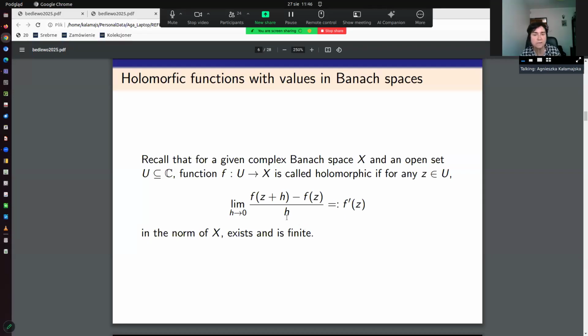That means if I have a differential quotient, f of z plus h minus f of z, divided by h, then as h goes to 0, it converges to an element of X, which is called f prime of z, no matter in which way h converges to 0. So it is almost the same definition as holomorphicity in the usual way, but the values, the norm and the convergence are not in C, but in X.